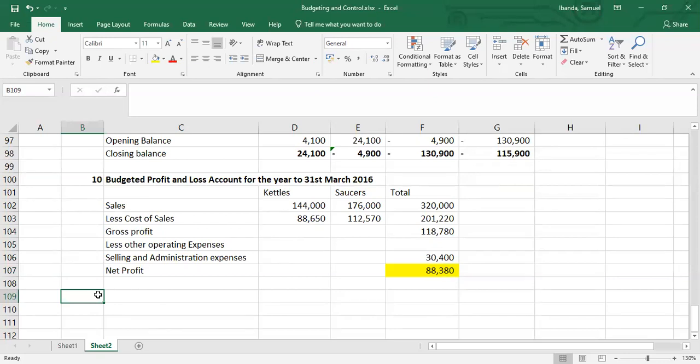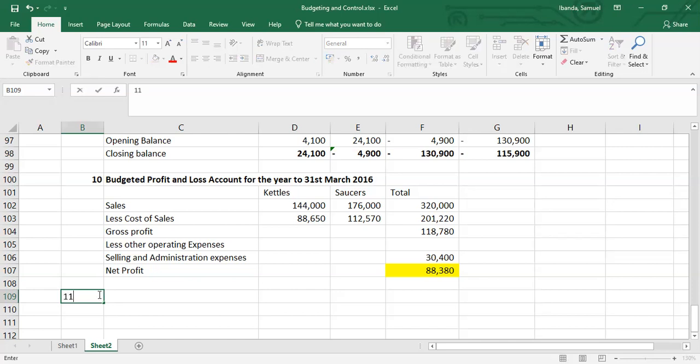And then part of the question required us to determine the budgeted balance sheet.